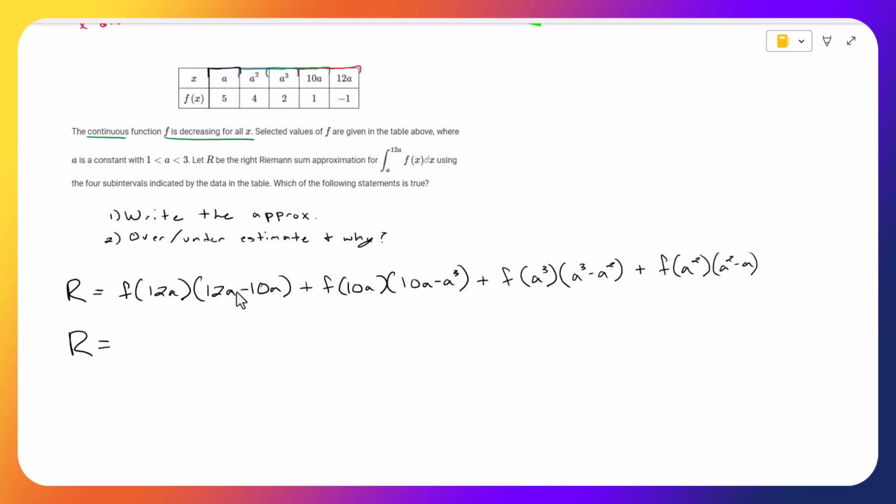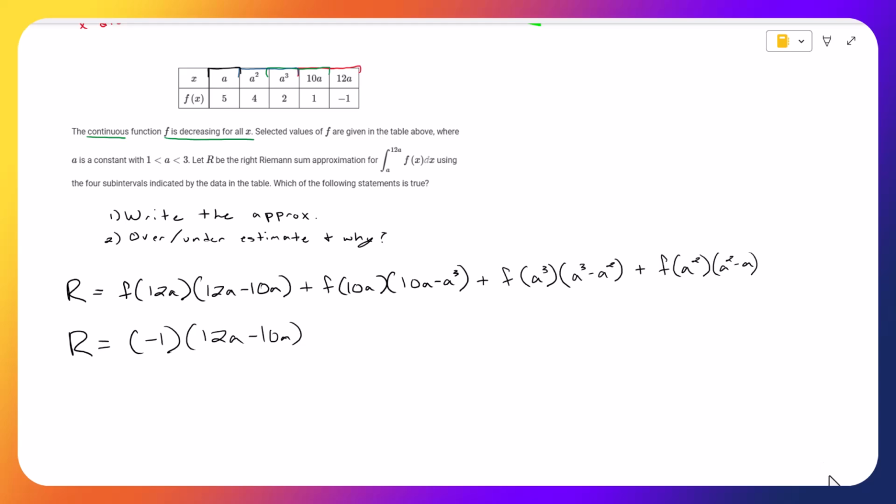We're only going to substitute in what we know. We're not going to simplify anything that we don't have to simplify. So all I'm going to do is say f of 12a, well, that's -1. So I'm going to have -1 times 12a minus 10a.